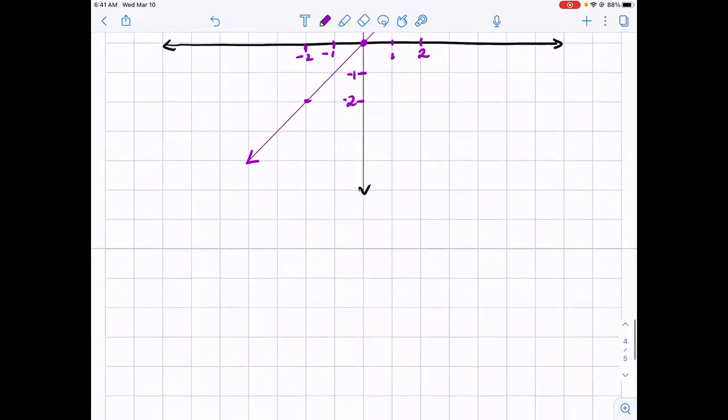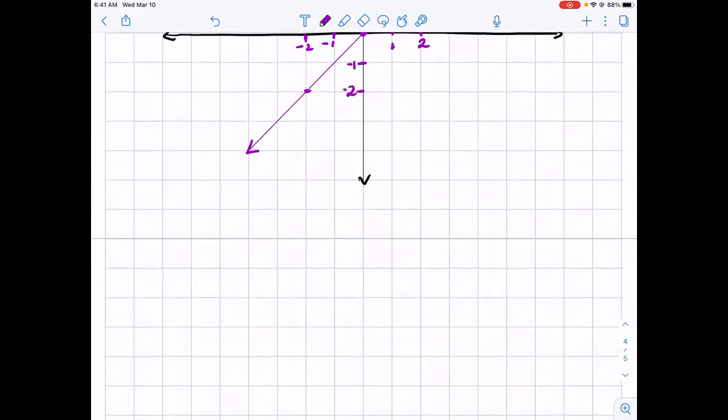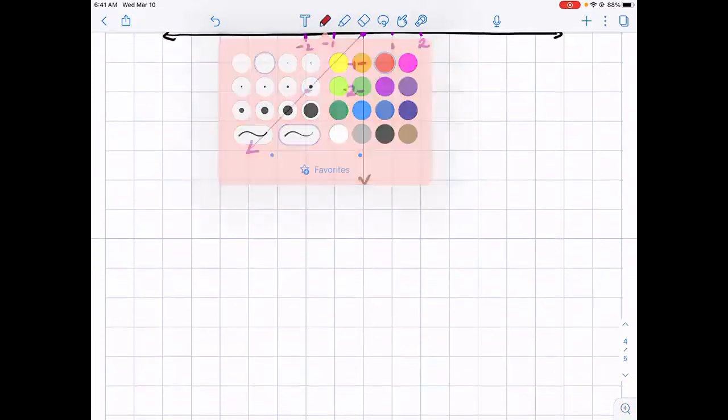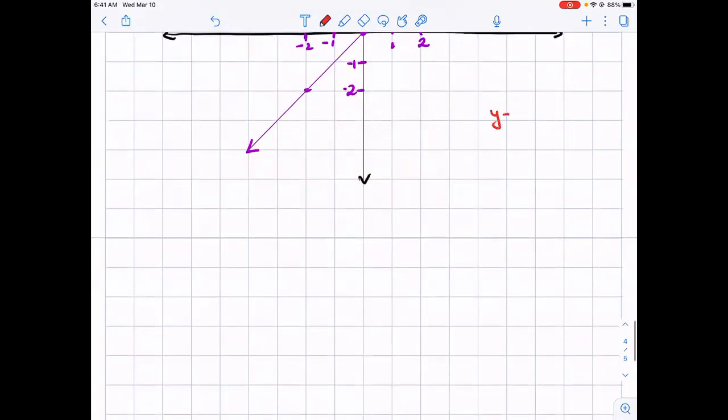So what are some of the characteristics of the identity function? Notice that the y-intercept is 0, 0. The slope m is equal to 1. Also, you should notice that the domain is minus infinity to infinity.